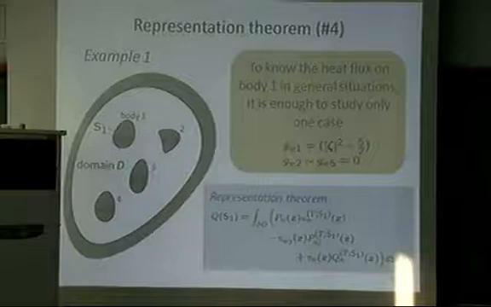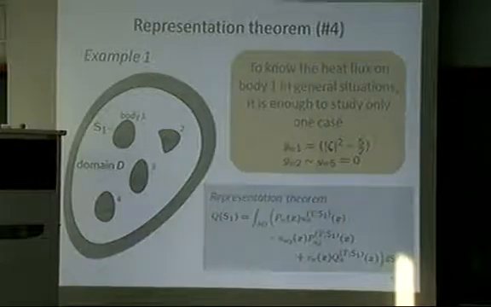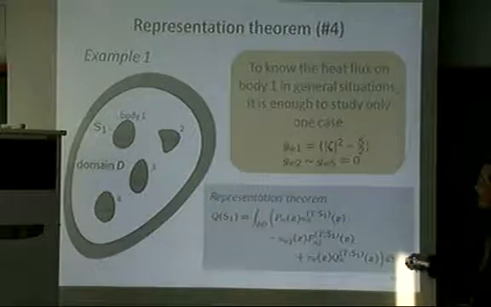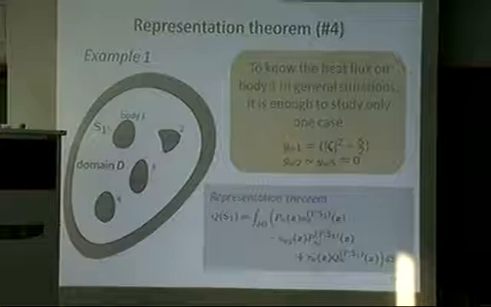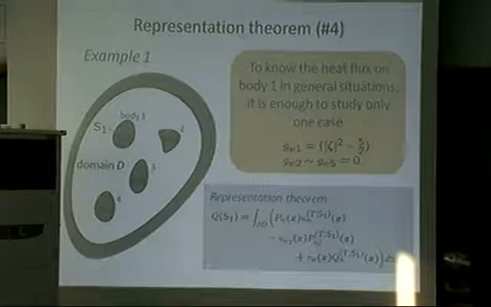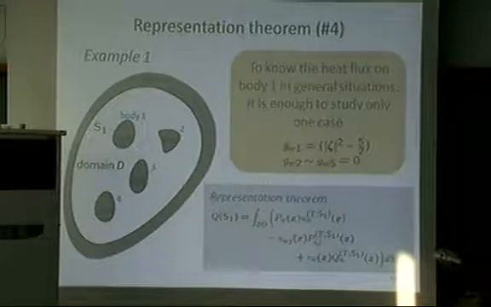So here I show you some simple examples. Consider the domain. The white part is the domain that the gas occupies. The grays are some bodies. Okay, bodies 1, 2, 3, 4, and 5. So in some situation, an engineer might be interested in the heat flux on body 1.